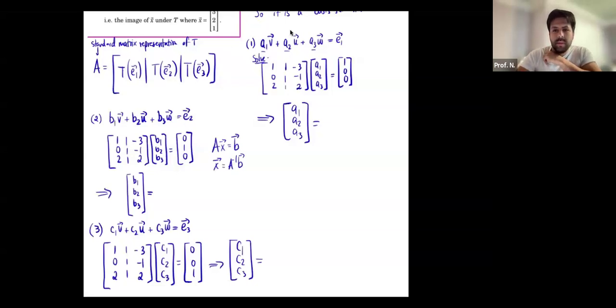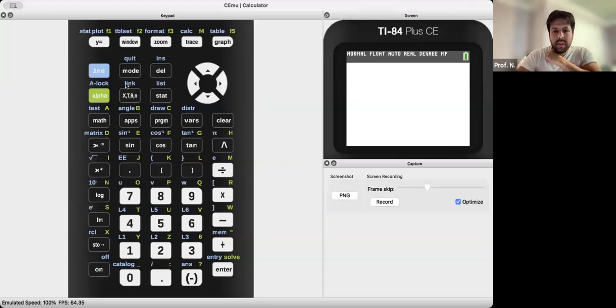So let me help you guys out. With your calculator, you can go to second matrix. I'm going to edit the matrix, 3 by 3.